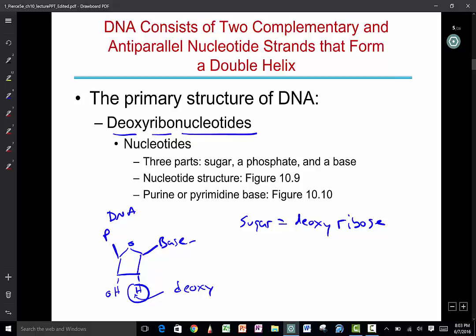And then the base can be A, G, C, or T. We will look a little bit at those structures. And then the phosphate, usually there's three phosphates on the structure.